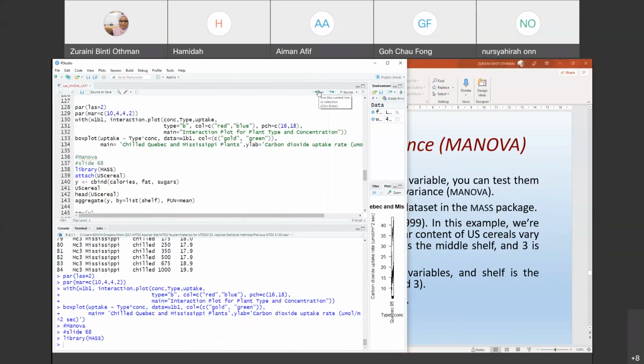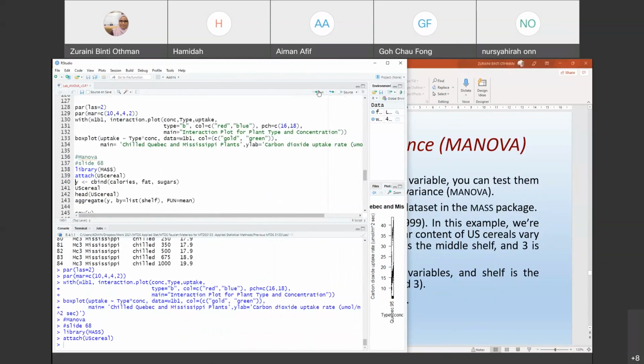After we call this library, we attach the data set, and here we use the cbind function to form a matrix of the three dependent variables. Because we have multiple dependent variables, we have to use a matrix to represent them.